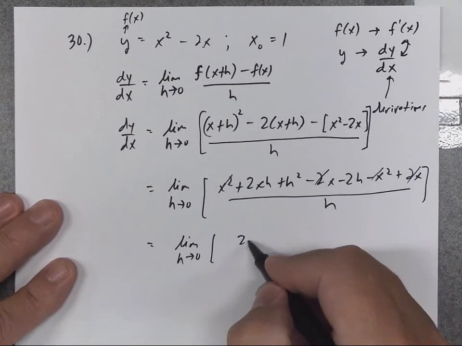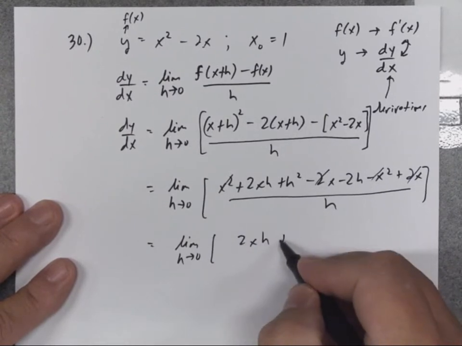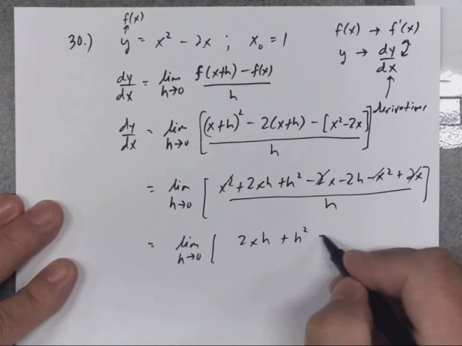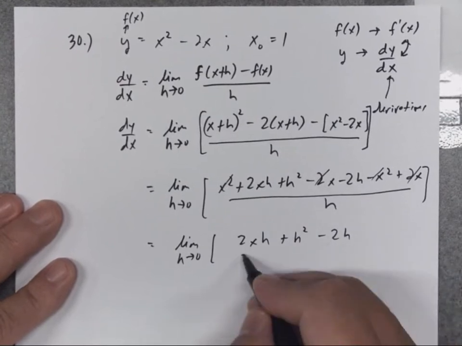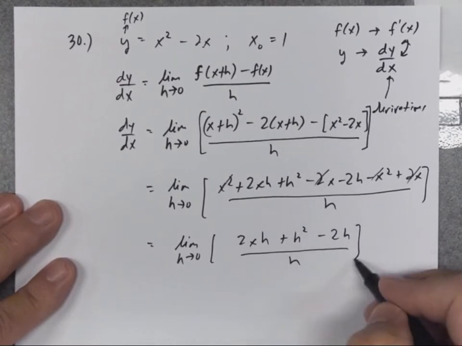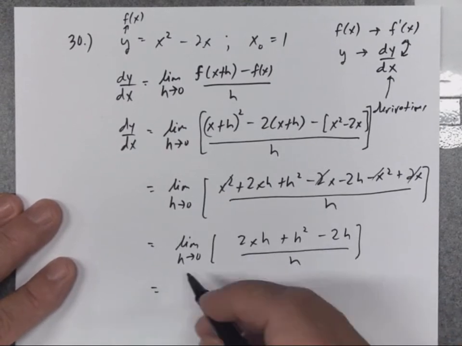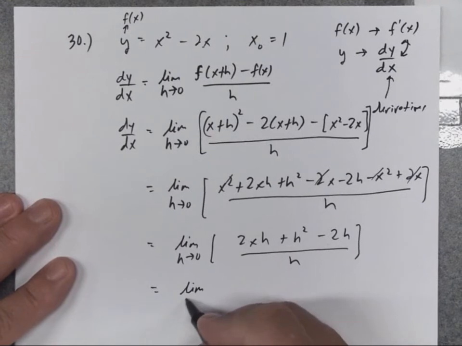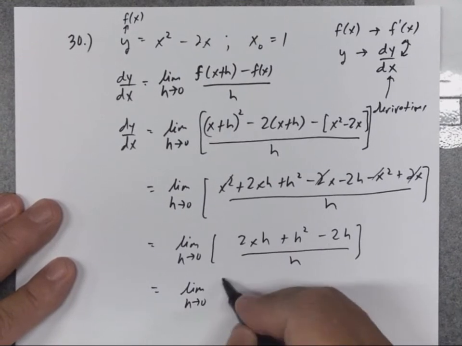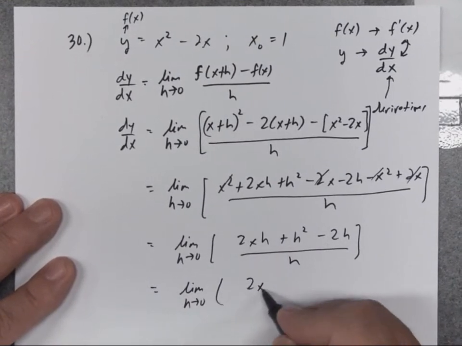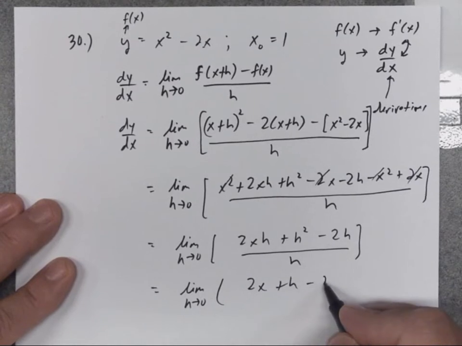So I have 2xh plus h squared minus 2h all over h. And hopefully you see I can cancel an h out of all these terms. So I have 2x plus h minus 2.